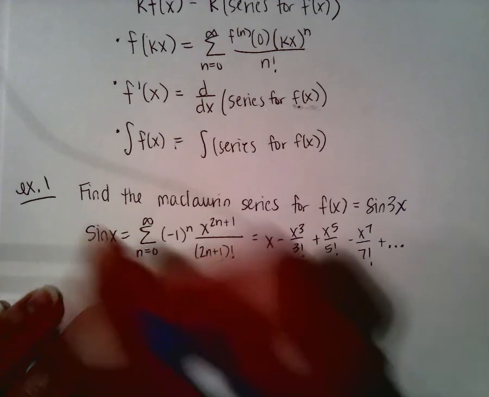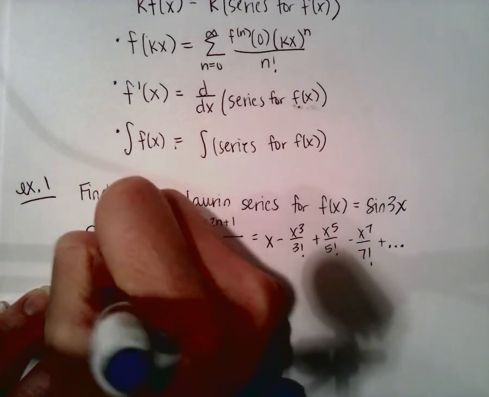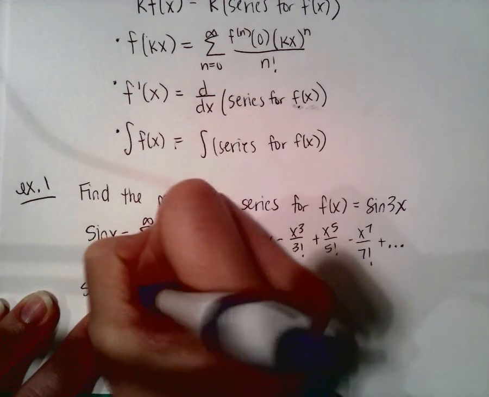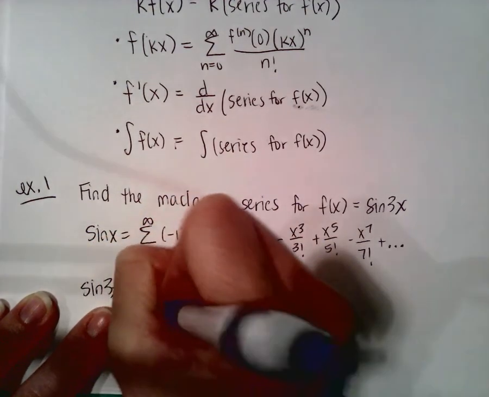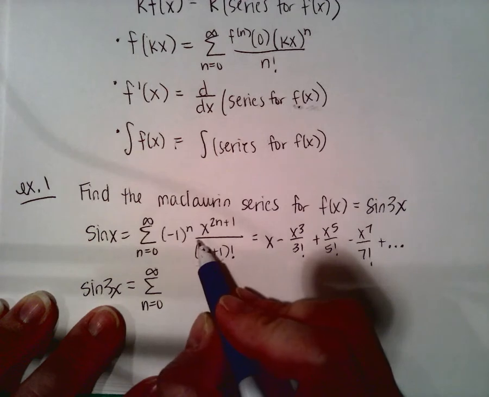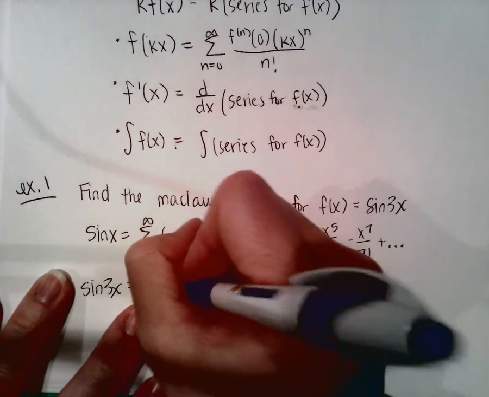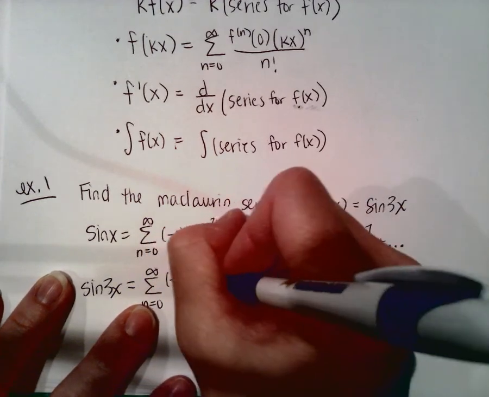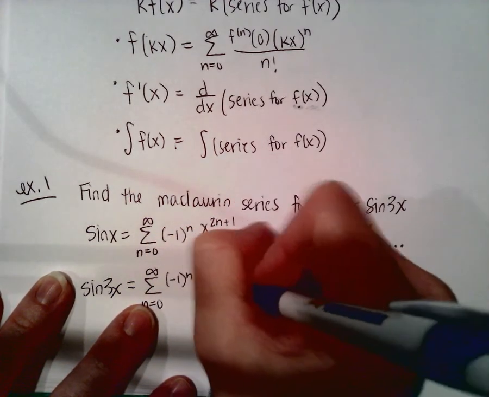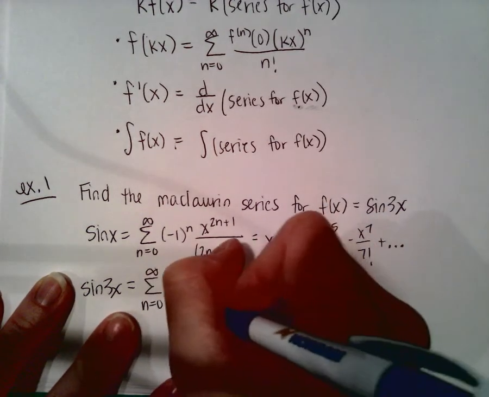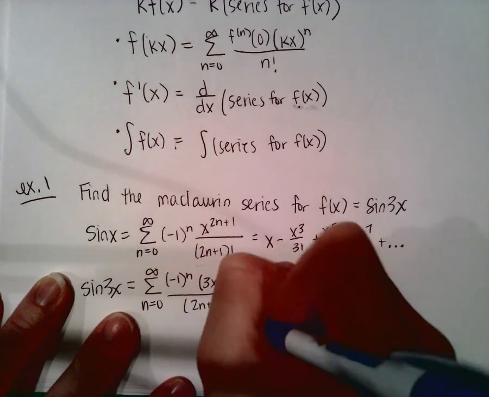So if I want to find sine 3x, I'm going to take the series for sine, and instead of where the x is, I'm going to change it to a 3x. So I have negative 1 to the n times, instead of x, I'm going to put 3x to the 2n plus 1 over 2n plus 1 factorial. So literally that's it.